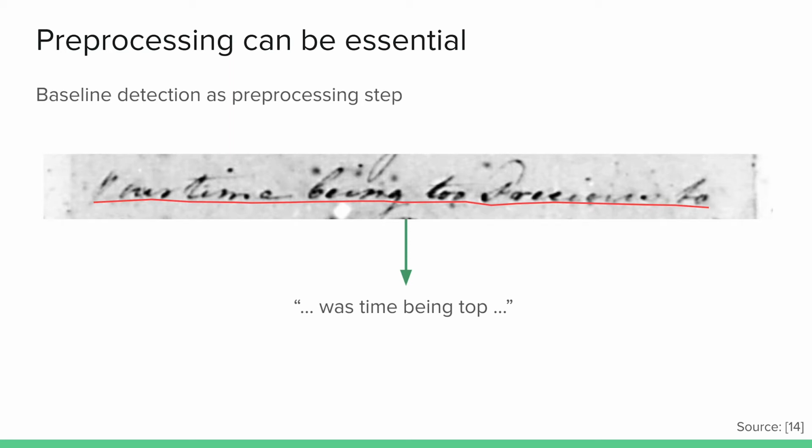One very common procedure for text is that you try to find the baselines of your written text, the line on which the text is being written. This baseline detection is a preprocessing step that transforms the problem into a kind of one-dimensional problem where you just follow along the baseline, and then you can feed that part of the input into your neural network.